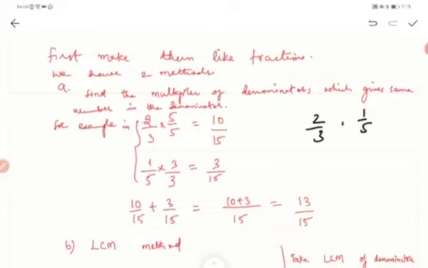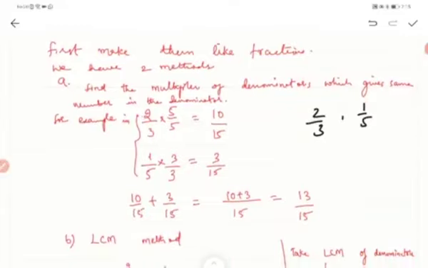So how to convert this? First, you need to find a multiple to make these two fractions' denominators the same. So if I multiply this denominator with 5 and here with 3, what will happen? You will get 15, 15, isn't it, in your denominators, right? So that is what we are doing here.